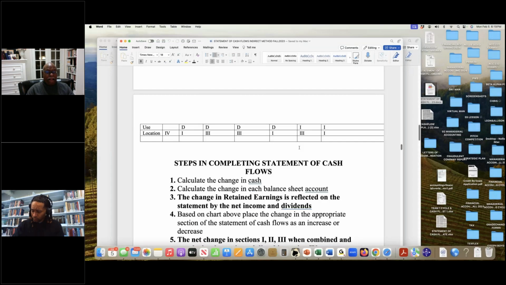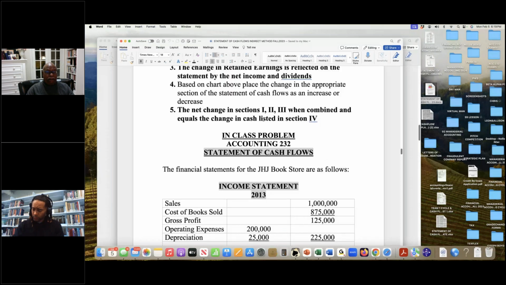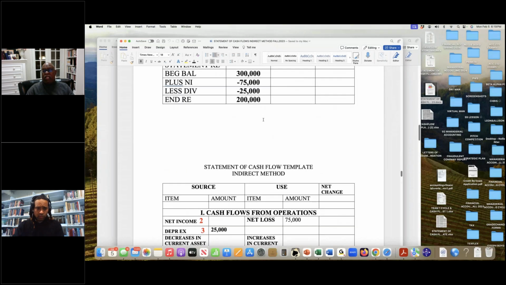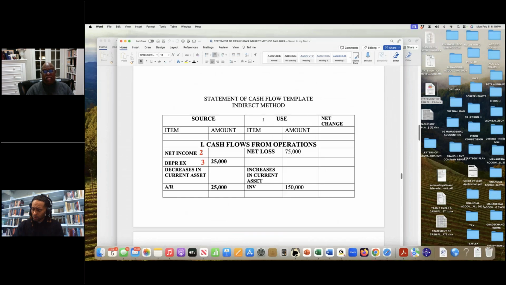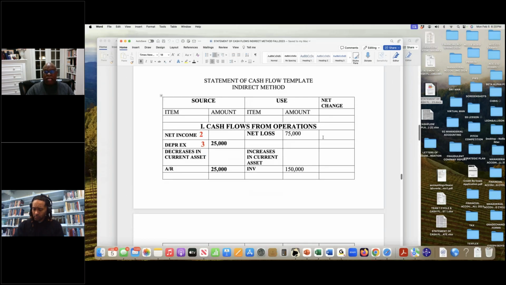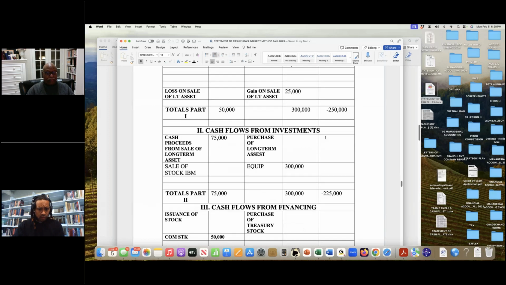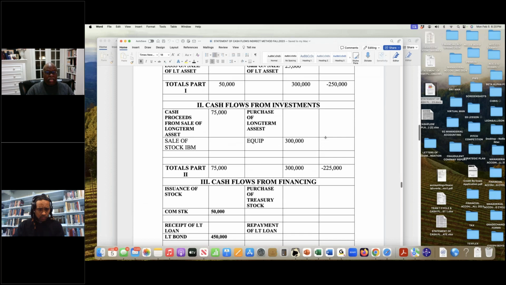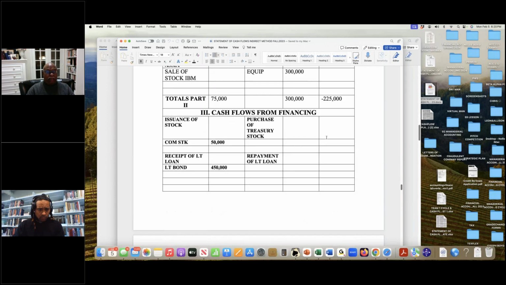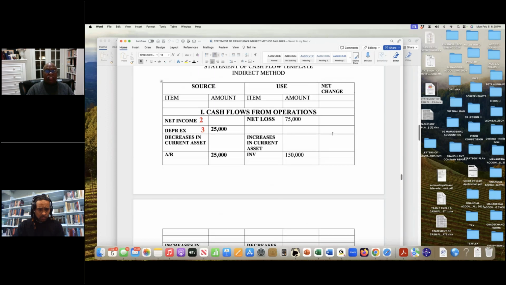But you have a template, and there's an Excel template in course content, and it lays out everything and what I'm going to be asking you to do in your problem today. This statement shows operation and what's in here.